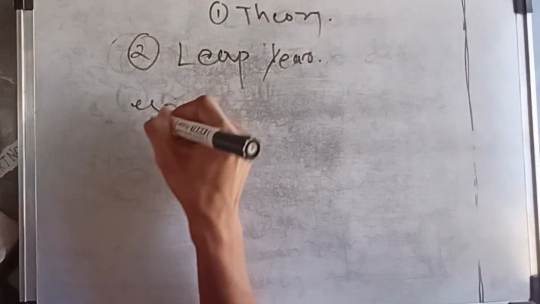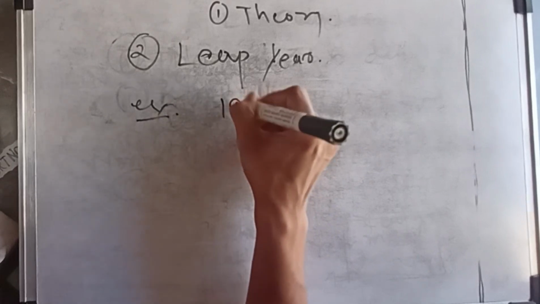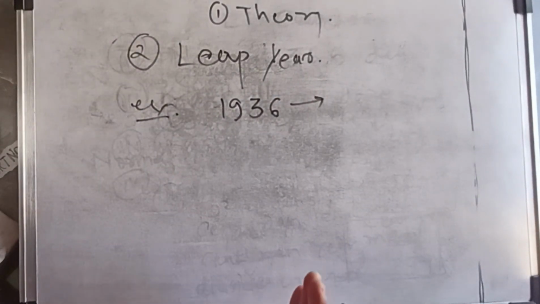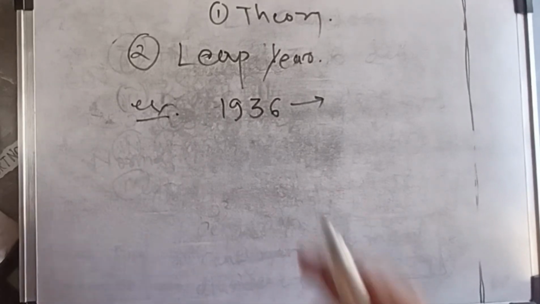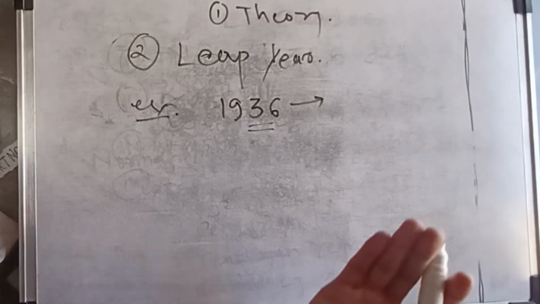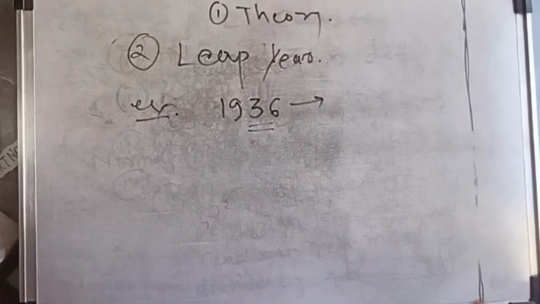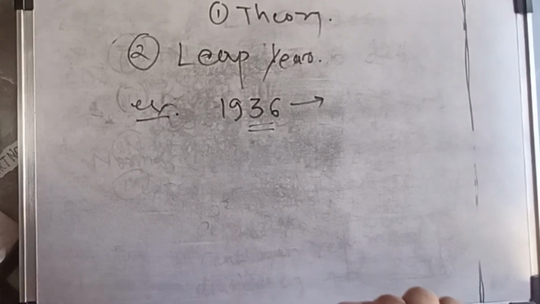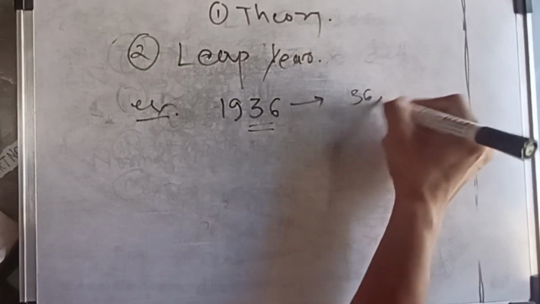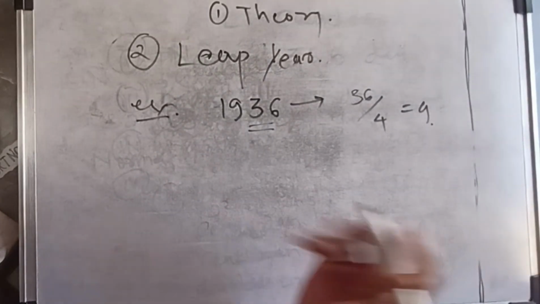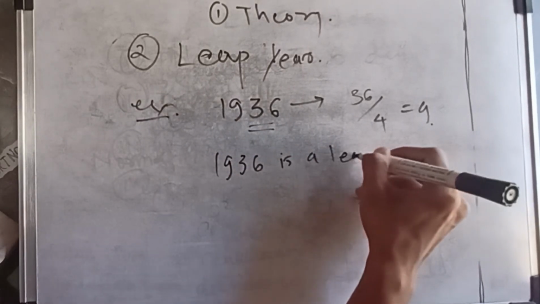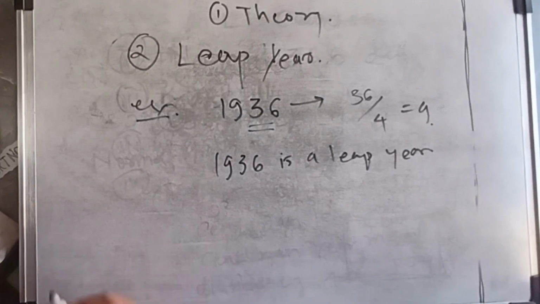Is 1936 a leap year? When it comes to checking if a year is a leap year or not, just take the two rightmost digits and check if they are divisible by 4 or not. If they are, it is a leap year. So 36 is completely divisible by 4, so 1936 is a leap year.